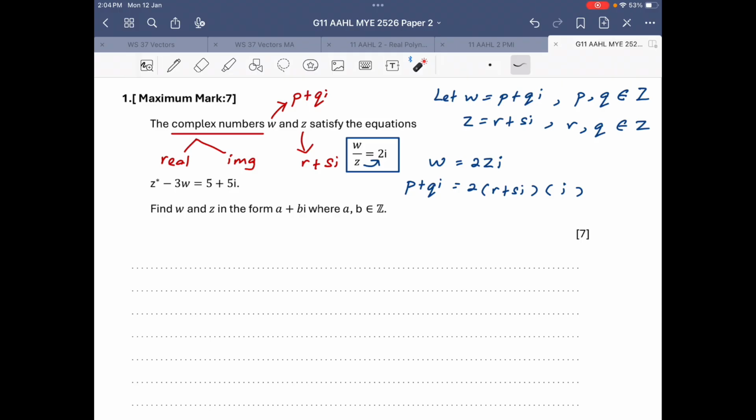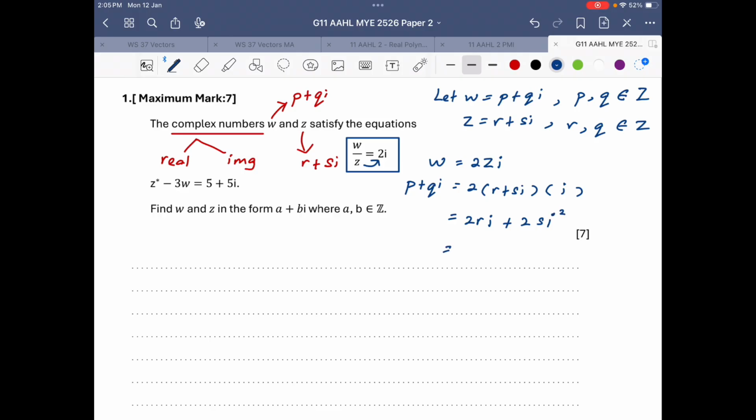Once we have done that, we can expand, open up the bracket, then only we compare the real part and the imaginary part. So we have to open up the bracket. It will be 2 times R times i, 2Ri. Another one will be 2 times Si times i, plus 2Si squared.